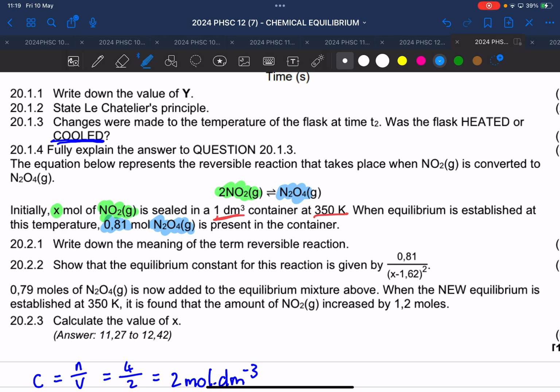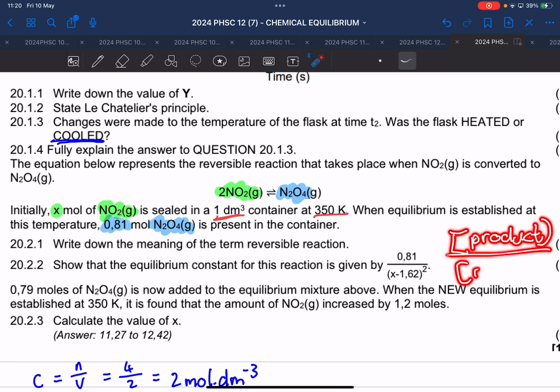Now, 20.2.2, show that the equilibrium constant for this reaction is given by 0.81 divided by x minus 1.62 squared. Okay, our equilibrium constant, what is that? Kc. So we know our Kc value is the concentration of our products divided by the reactants.